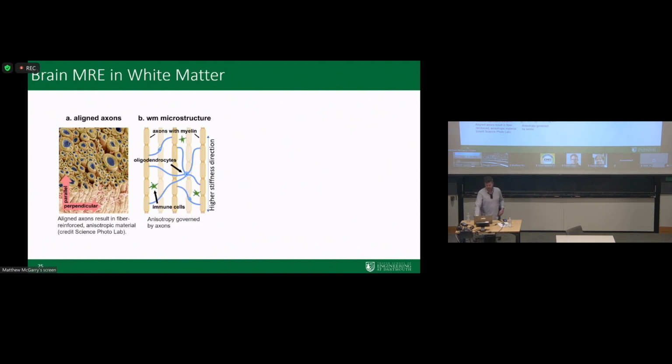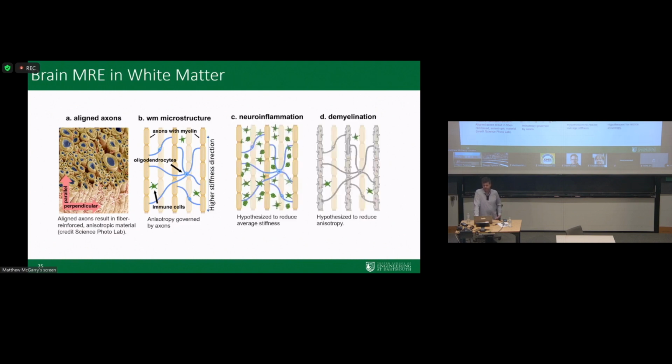So we come up with this little model, and we think that by measuring the anisotropic mechanical properties, we can separate different disease processes. Neuroinflammation involves recruitment of a whole lot of immune cells and a lot of fluid, and we think that this should reduce the average stiffness, whereas demyelinating processes like multiple sclerosis preferentially attack these stiff myelinated neurons, so we think that will reduce the anisotropy.